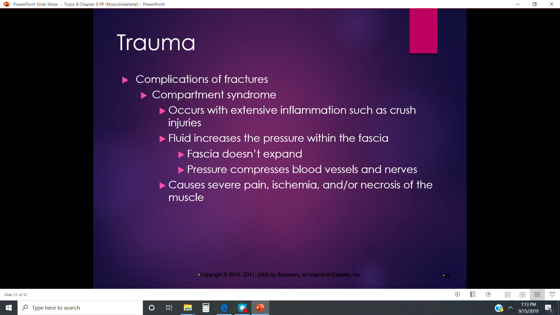It doesn't stretch. So if we build up inflammation within the fascia, now we're going to get increased pressure inside the compartment of the leg, let's say, and now that compresses blood vessels and nerves, and it's a true medical emergency. Sometimes they have to do an emergency surgery to release the pressure, right, to get things back to normal.